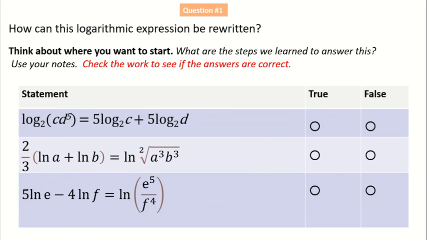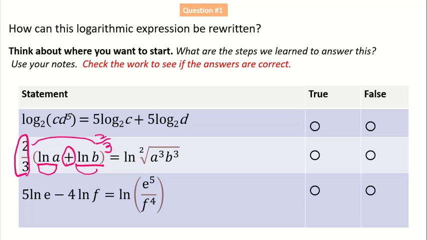Okay, for the second one, we have 2/3 natural log of a plus natural log of b. With the properties of logarithms, we can take that 2/3 and we can put it over here. Addition of logarithms, in this case we have the natural log of a and b, we can multiply the a and the b.